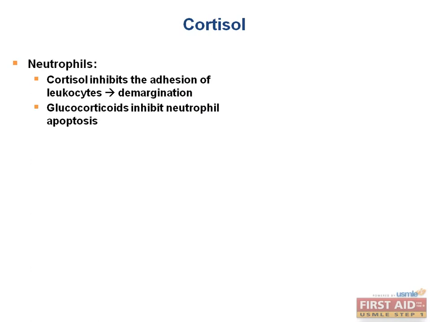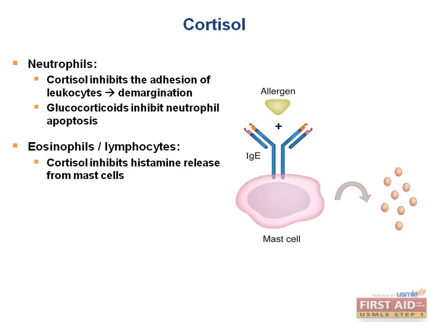In contrast, do you know what type of white blood cell will be decreased as a result of high levels of cortisol? If you guessed eosinophils and lymphocytes, you'd be right. And it does this by inducing apoptosis. Another effect of cortisol is that it inhibits histamine release from mast cells, known as degranulation.